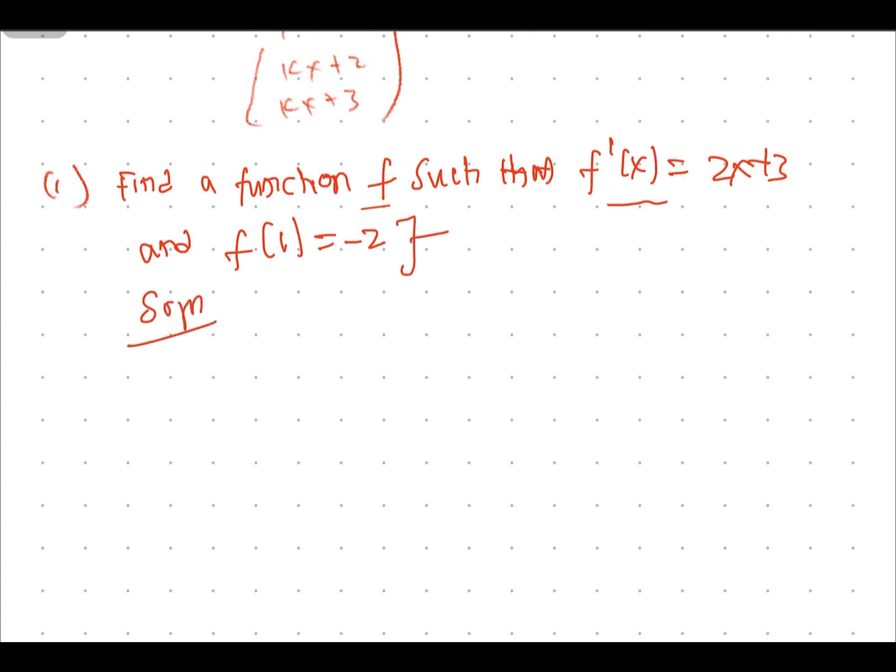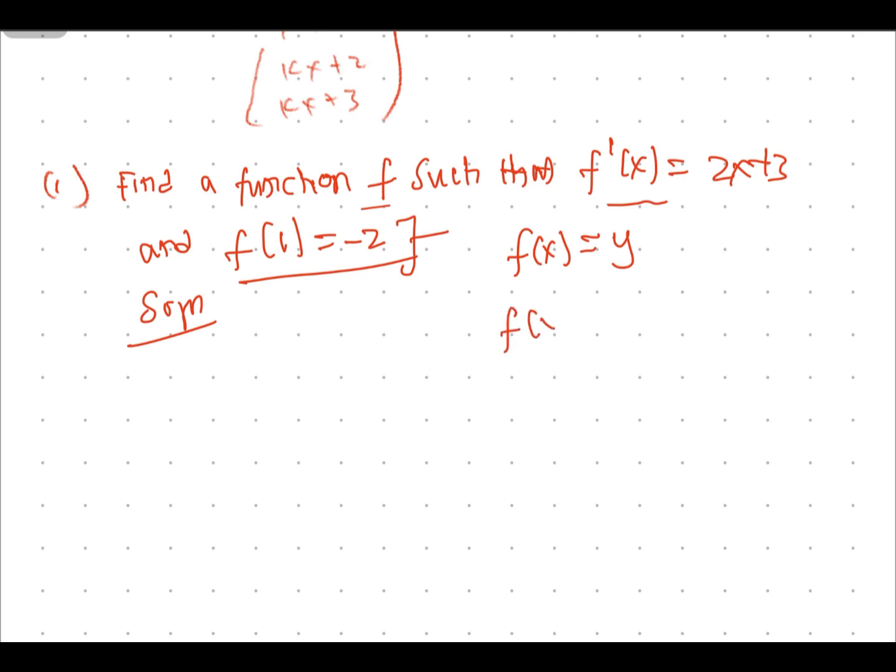And remember that they have given us an initial condition, which is f of 1 equal to negative 2. What this initial condition means is that this f of x, when we bring it down to the basic level, represents y, right?